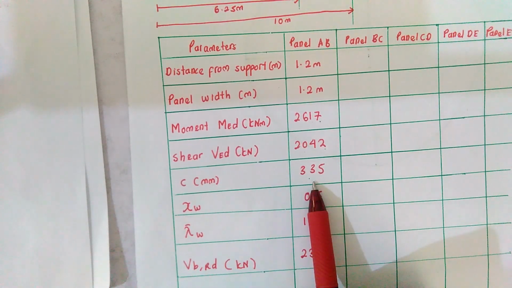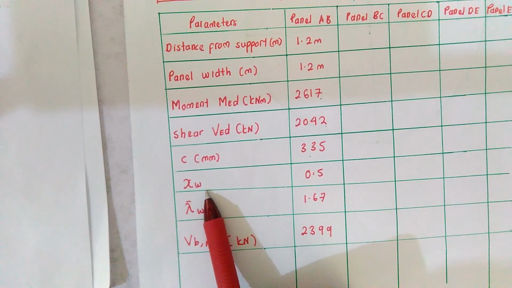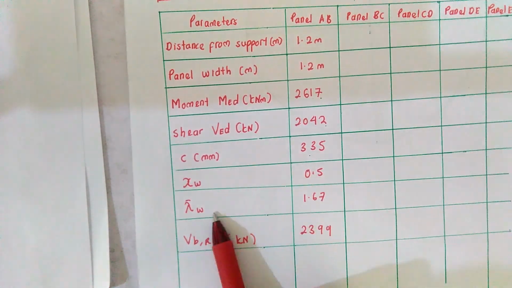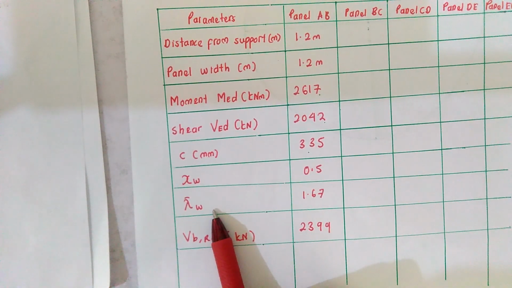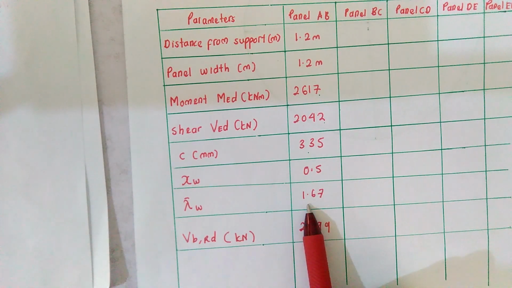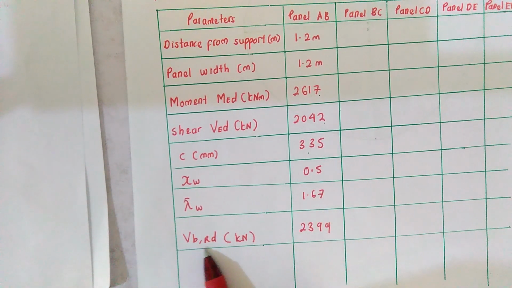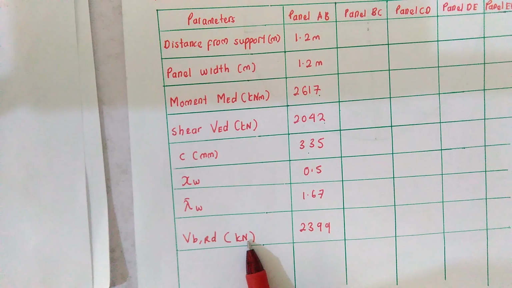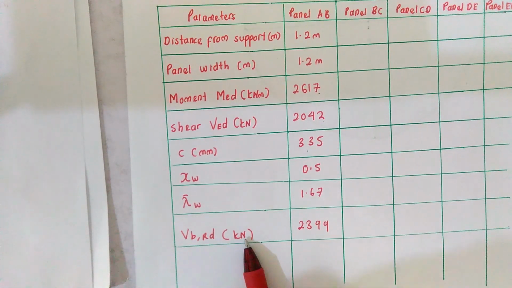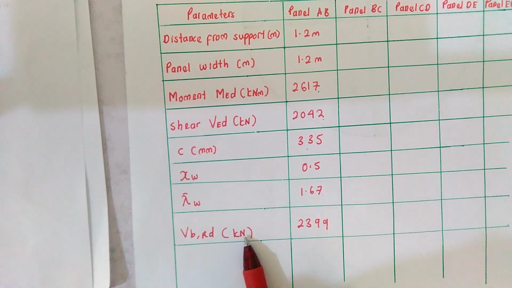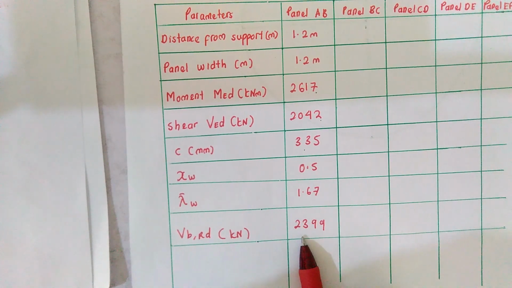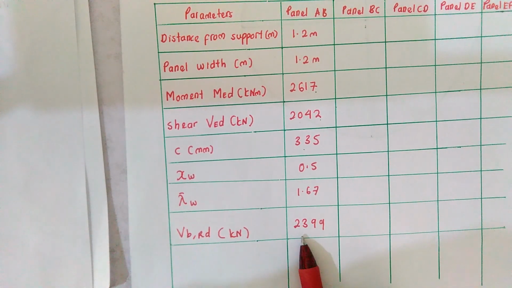C is 335. The contribution factor for the web is 0.5. The slenderness parameter lambda W is 1.67. And finally, you get your shear buckling resistance by taking into consideration the contribution from web and flange. You get 2399, which is acceptable.